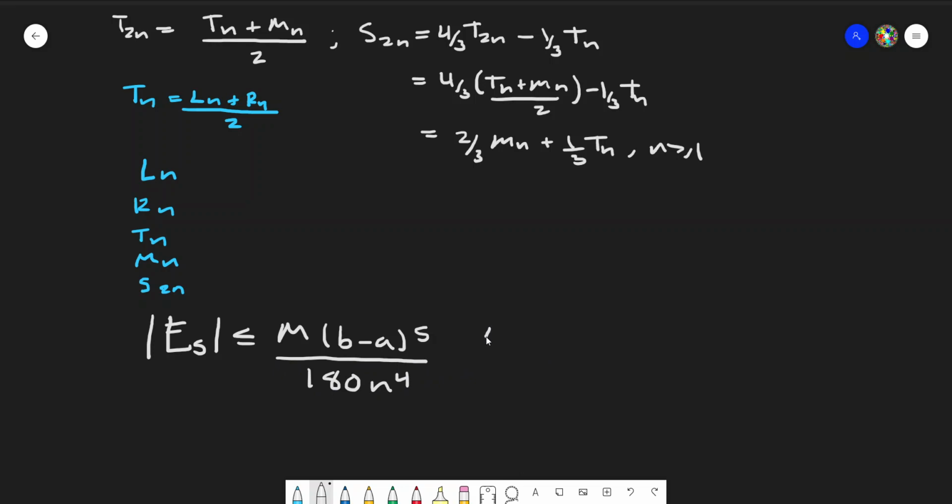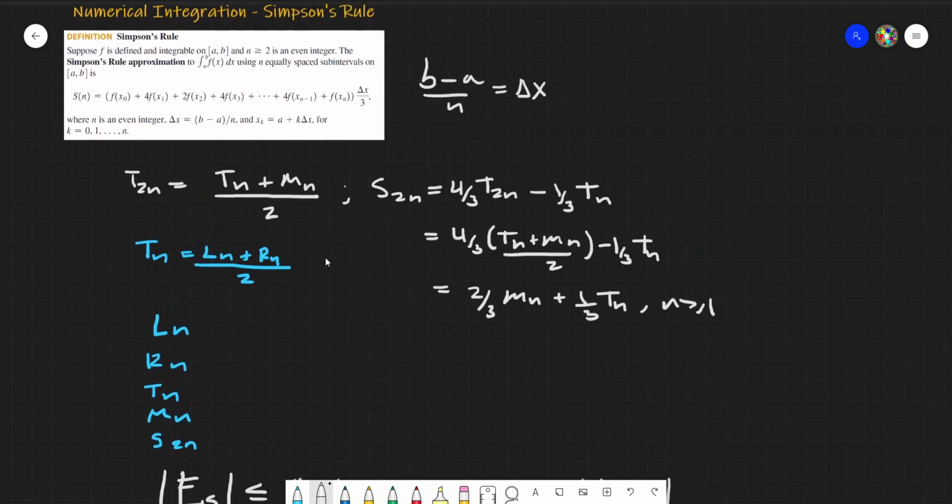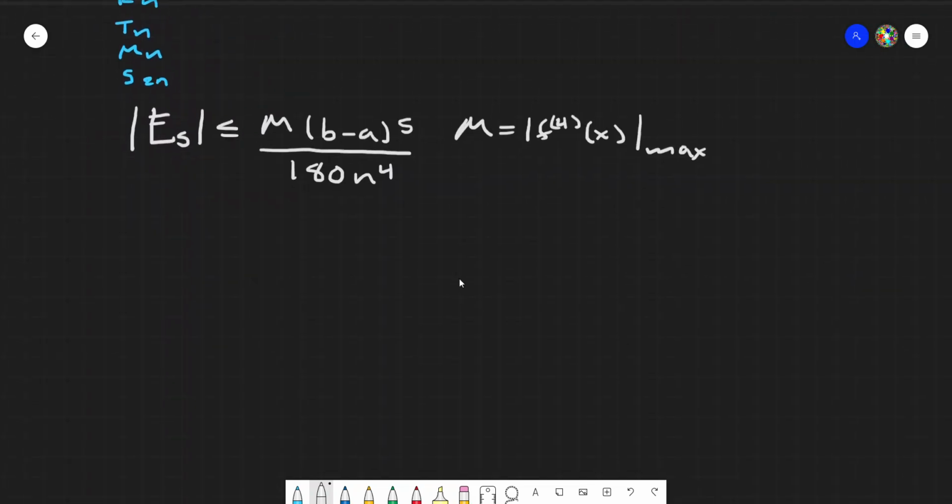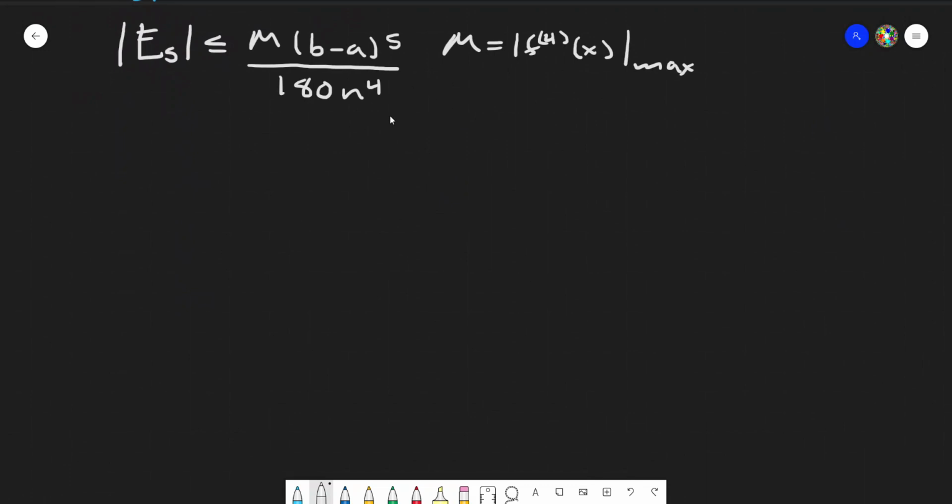In this case, the maximum is for the 4th derivative of f(x), and we're just going to call that the maximum. Keep in mind that this is with respect to the integral from a to b, and this is determining what size n you would need in order to be within close proximity of a bound.